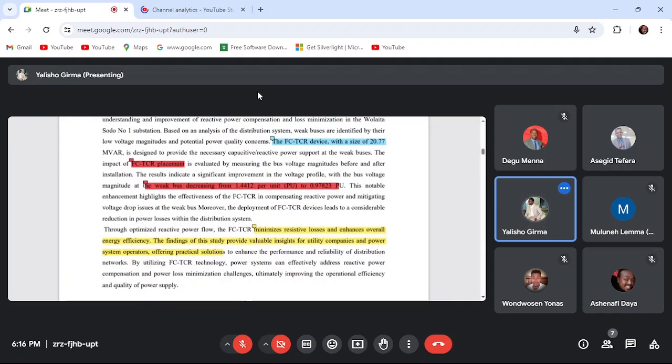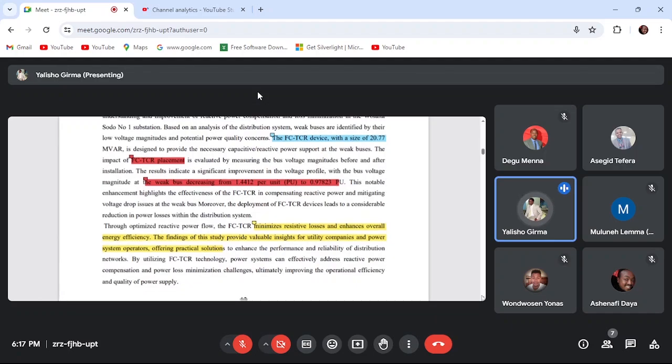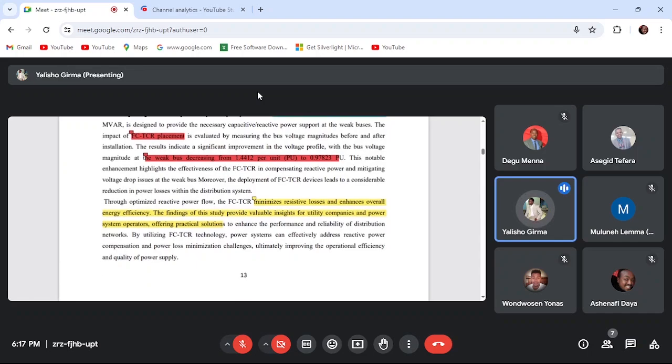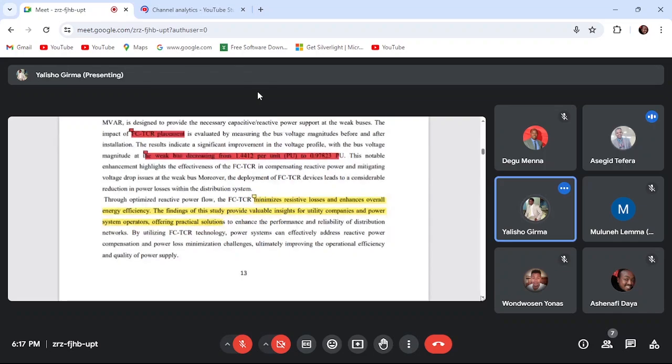So if that is really your result, I don't agree with that, because you are working in distribution systems, directly behind the distribution substation. So 1.4412 per unit is a case of overvoltage.